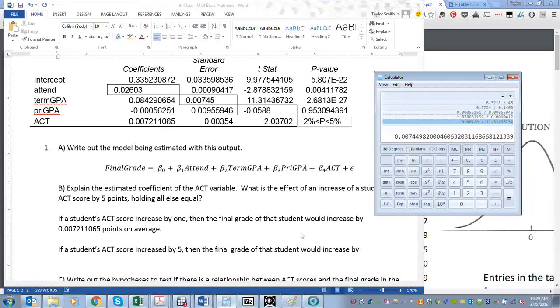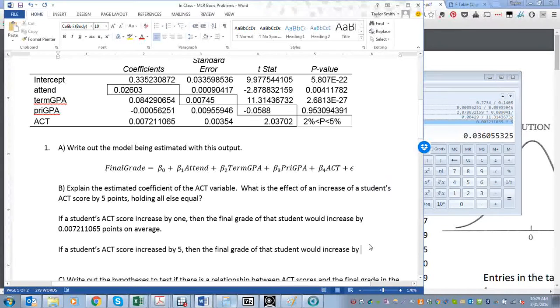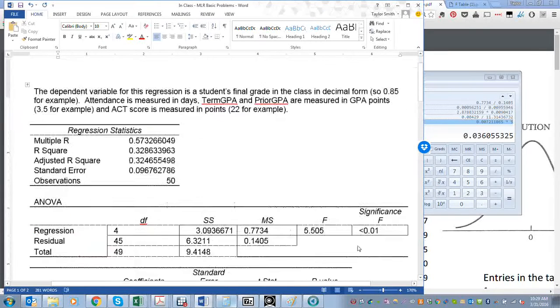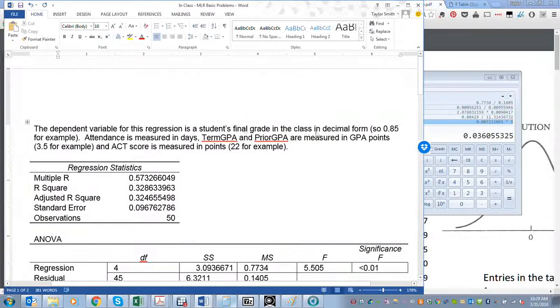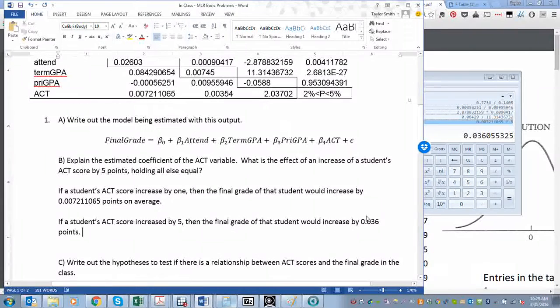So we'll come down here and do that: 0.007211065 times 5. So it's 0.036. It would increase by 0.036 points. And the way to interpret that is that this is really basically 3.6 percentage points, right? Because, coming back over to the top, our final grade is in decimal form. So this is a change of 3.6 percentage points. That's helpful to remember.